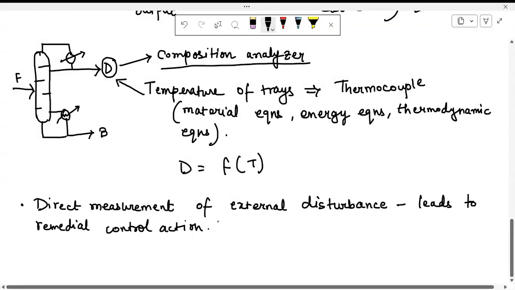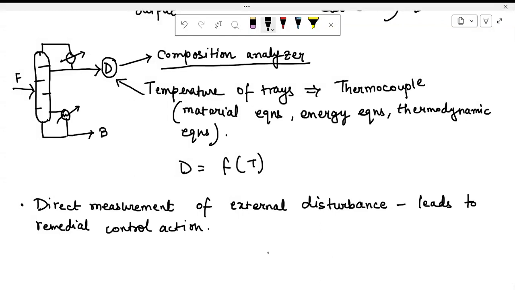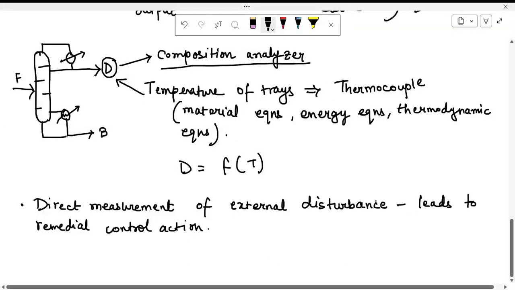Once the decision on measurements of process variables has been made, then we can start talking about the control logic. You may refer to some standard process control books. I will add the reference in the description box for your further study.